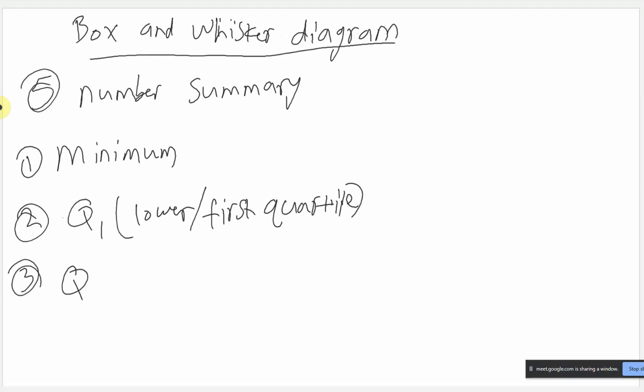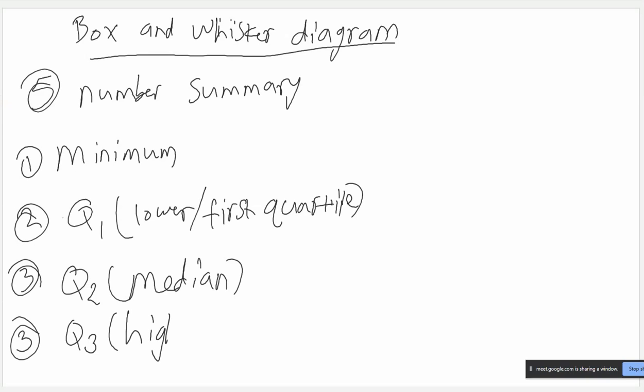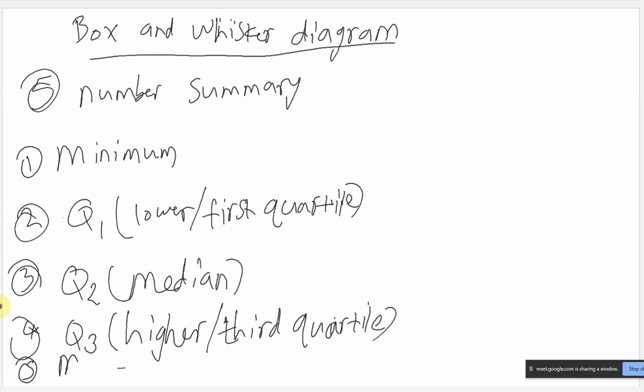And then we talk about Q2, which is the median. And then Q3, which is the higher or the third quartile. And then actually this is number 4. Then number 5, we talk about the maximum.